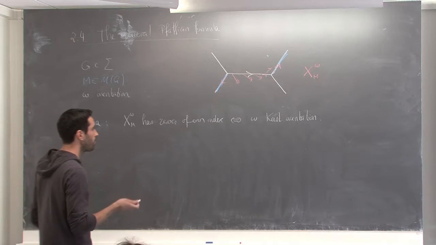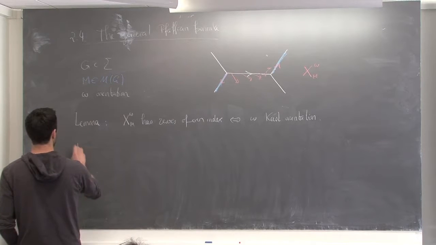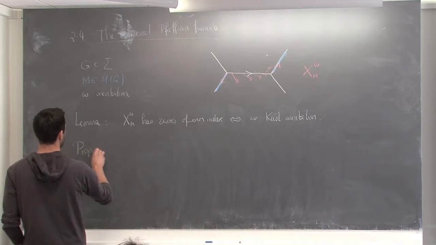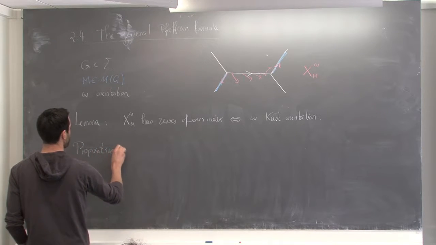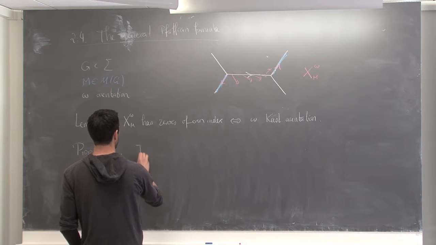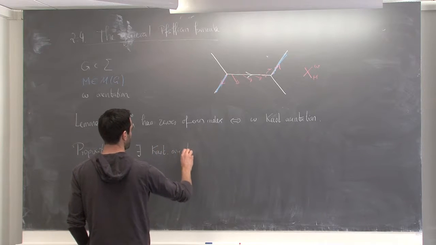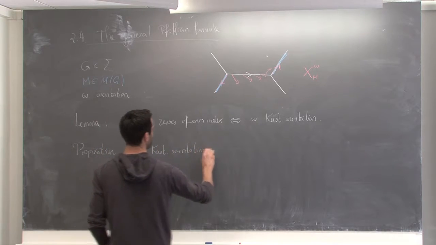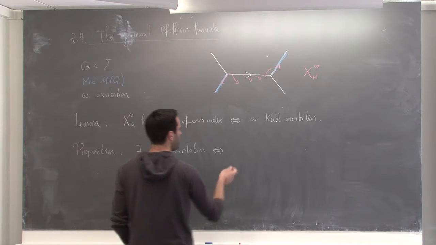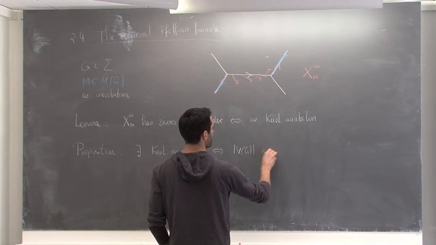Okay, and then the question was, does there exist always a Castelline orientation? And that was a proposition, which I was in the middle of proving. So there exists such an orientation if and only if the number of vertices of the graph is even.